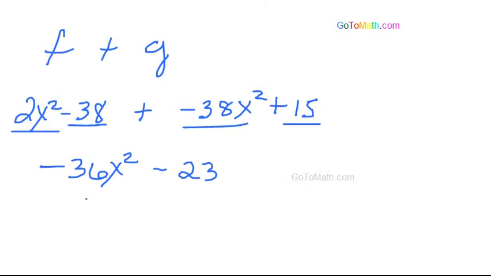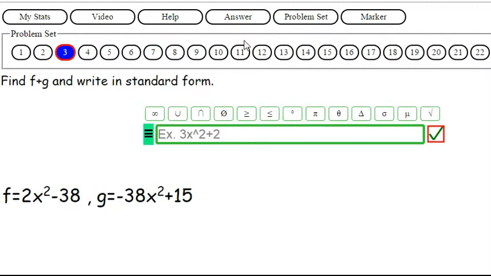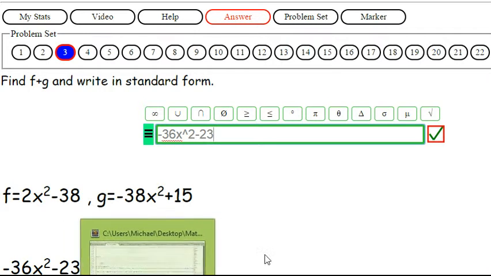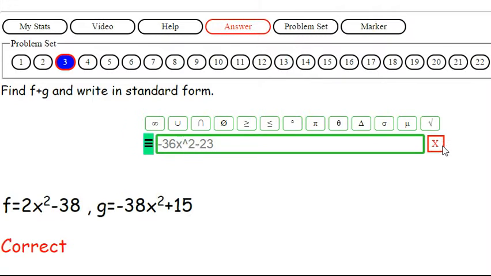So there you go: negative 36x squared minus 23. Let's go ahead and try typing that in right here. Make sure that's all good. Correct. Okay.